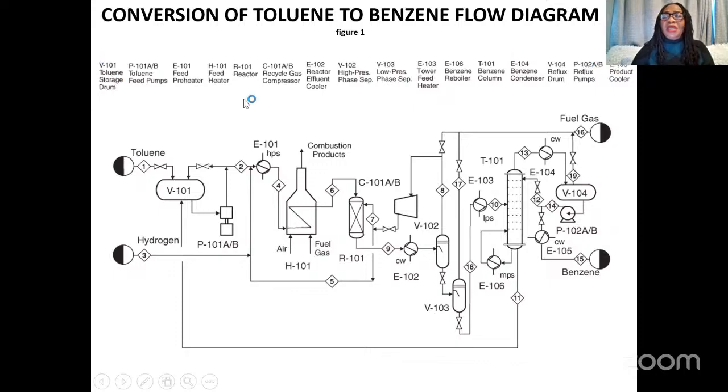Then the description of the equipment you can see directly under, like V101 is the toluene storage drum. Remember, we're looking at the process flow diagram for the conversion of toluene to benzene. We're going to react toluene and hydrogen and convert it to benzene.